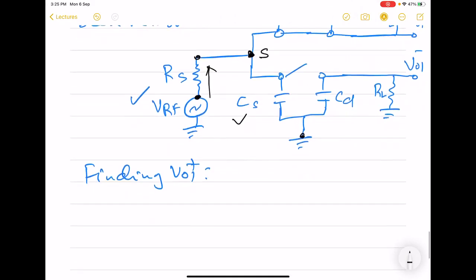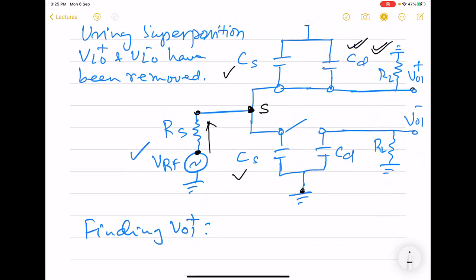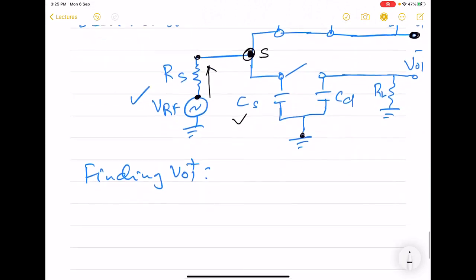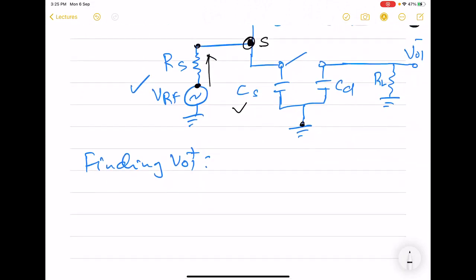The output that we are trying to find, VO1 plus, is basically the voltage at this source. So we can draw the equivalent circuit, and what we will get is something like this. One CS from this one, and then another CS from M1, and then CD of M1, and then RL.